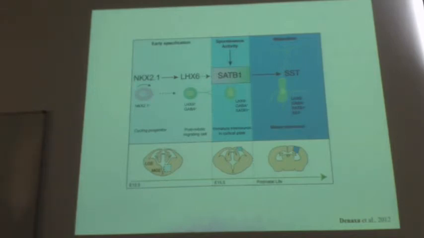Right. So, with what I have described to you so far, there is a dramatic loss of somatostatin interneurons, and what you would have expected is a defective inhibitory circuit in these mutant mice, and that these mice develop generalized seizures.